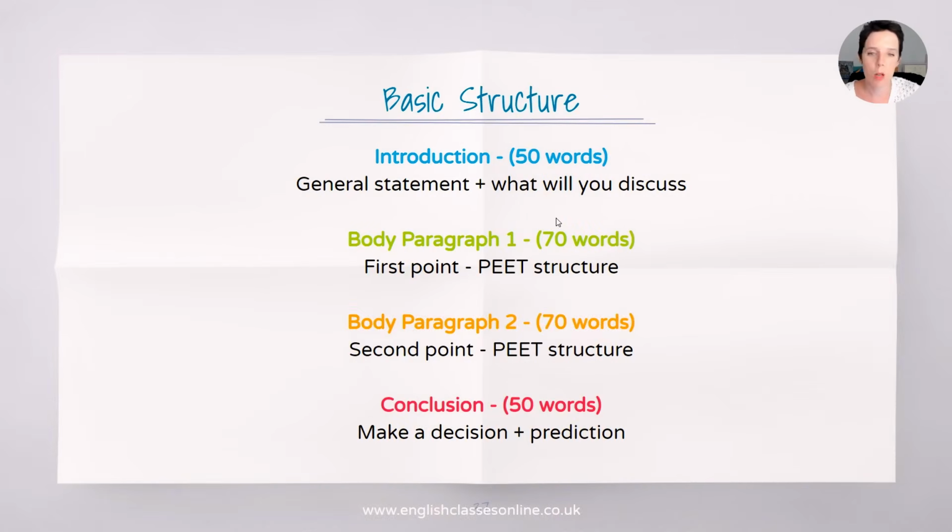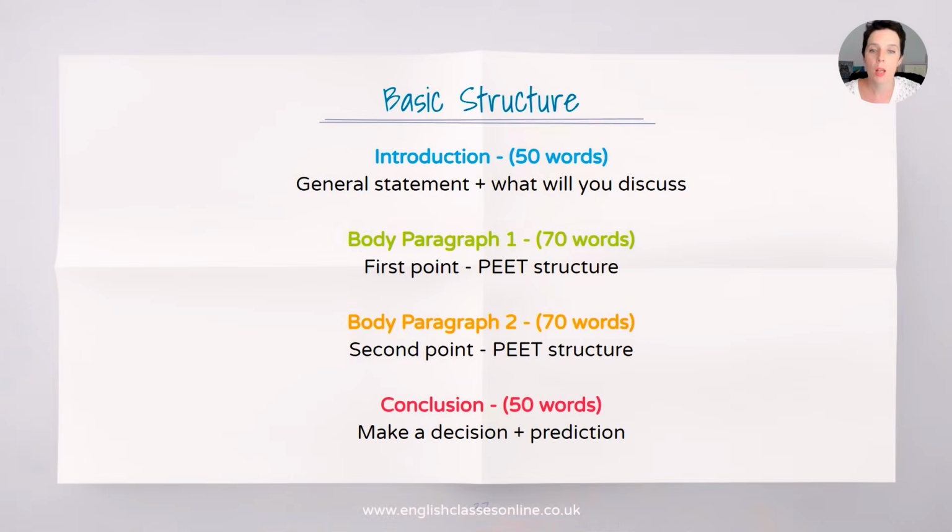Your body paragraph is going to be about 70 words, and you're going to discuss your first point using the PEAT structure. If you don't know what the PEAT structure is, don't worry, we're going to take a look at it in a second, okay? Body paragraph 2, again the same, but now with your second point in your PEAT structure, and then your conclusion is going to be about 50 words.